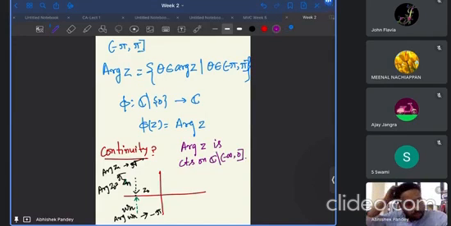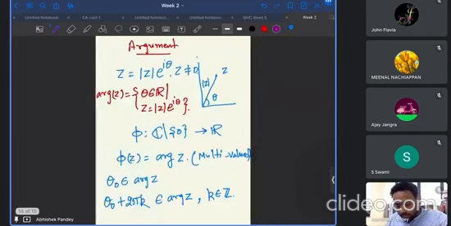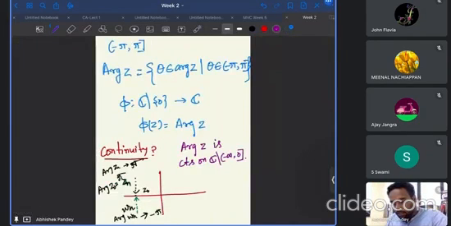This is called the principal branch of the argument, capital ARG. As I said, we can restrict this theta to any interval of length 2 pi. When I restrict it to minus pi to pi, I call it the principal argument.